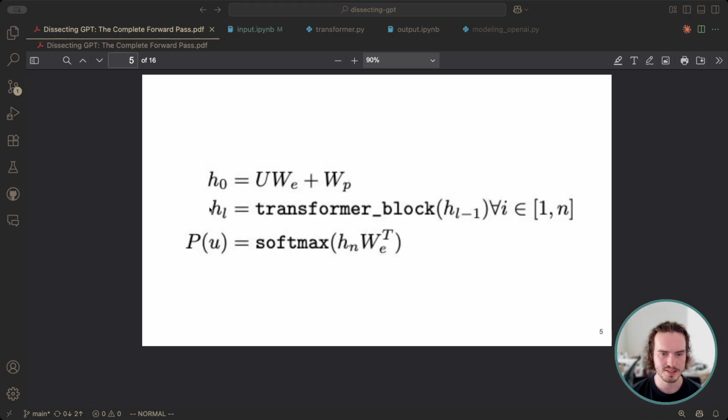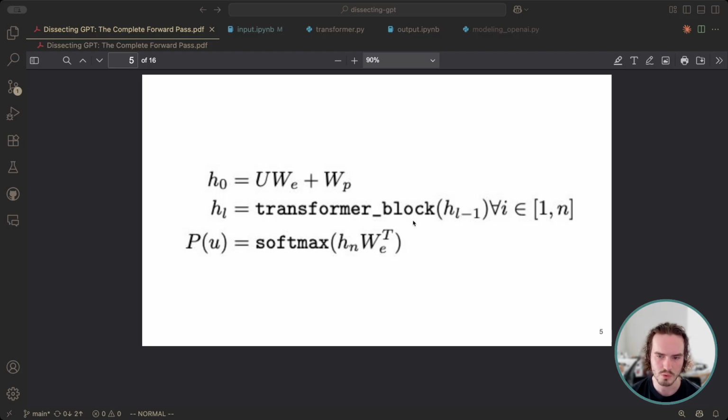That's going to take us to the second piece here. They have identified hidden state L as we're running the transformer block with the output of the previous hidden state. So let's say we're talking about hidden state 1 for now. We're going to run the transformer block over hidden state 0.